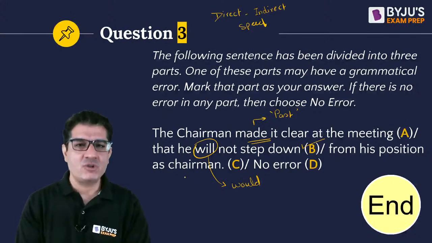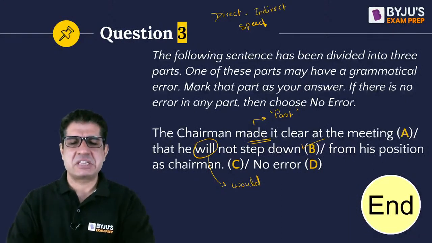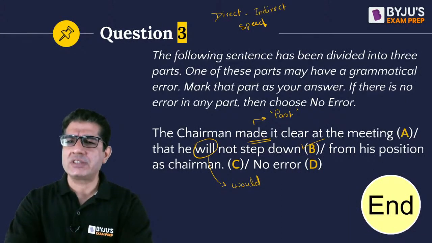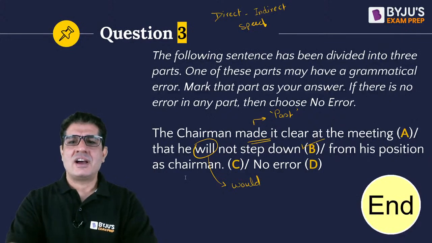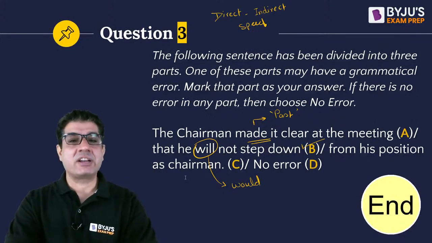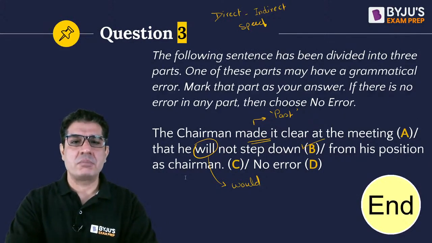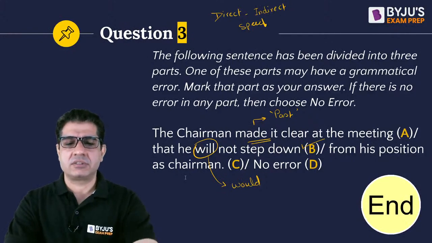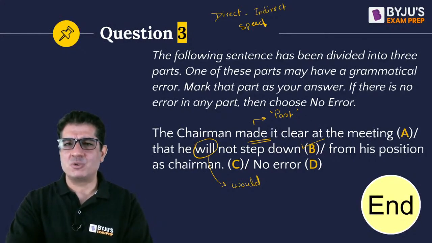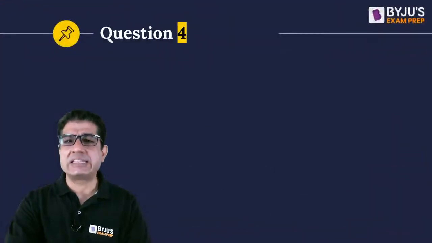Now, I used these 3 questions as warm-up questions, right? There is no negative marking, but then there is one very important bit, which I will come to pretty soon. Why don't you go ahead and look at this particular question?